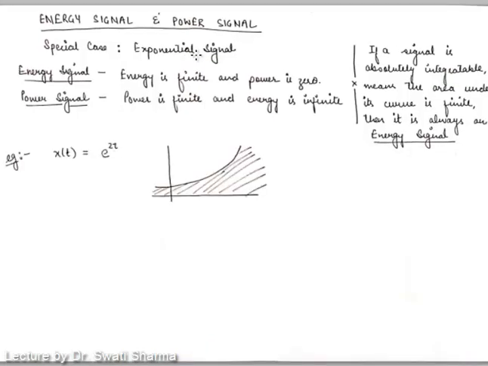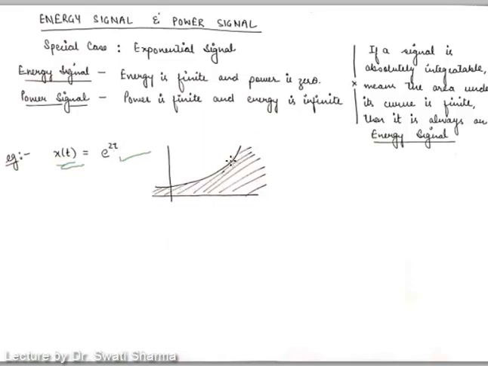now let us take this example. Here you have been given a time signal x of t equal to e to the power 2t. You can see that the power of e is positive, which of course depicts a rising exponential. A rising exponential looks something like this.